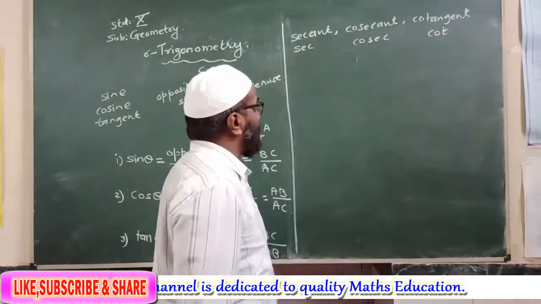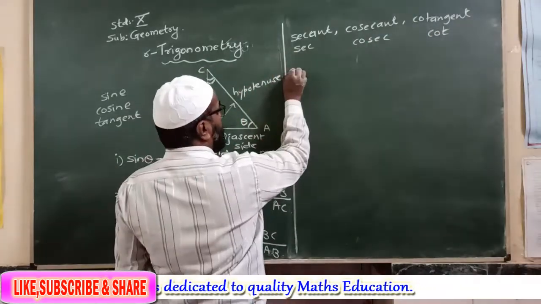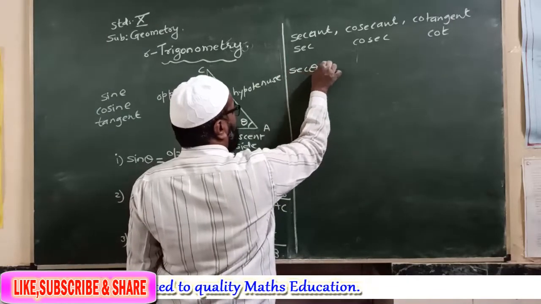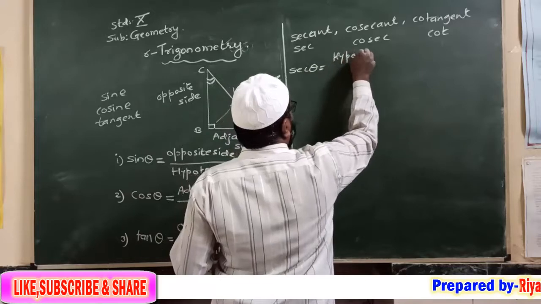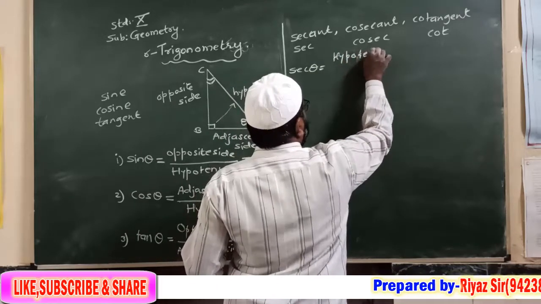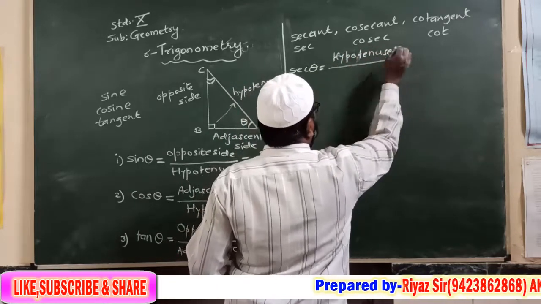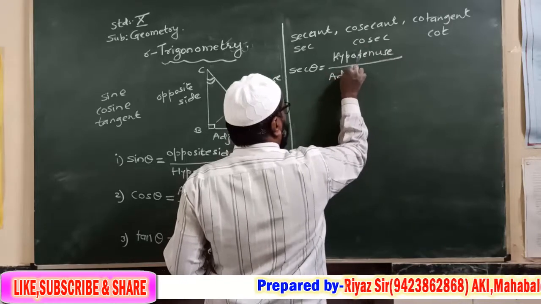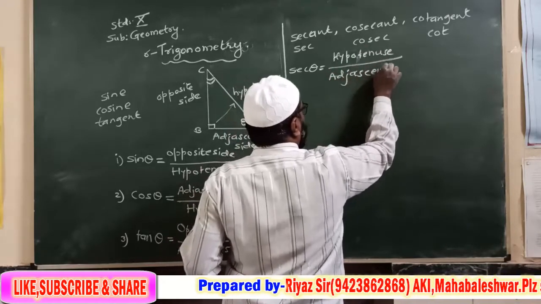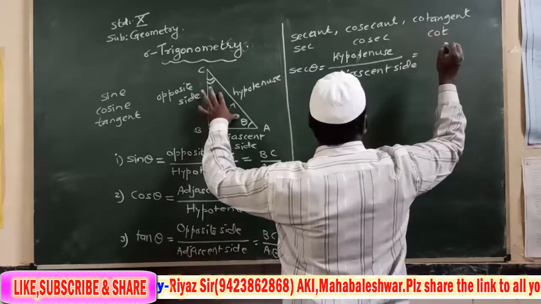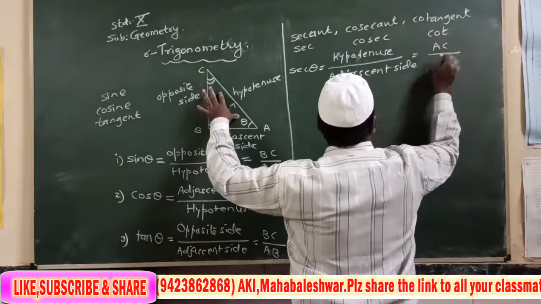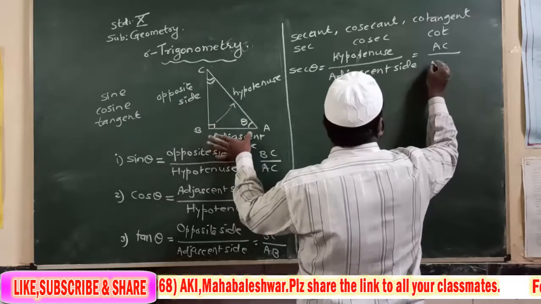First we define sec theta, which is equal to hypotenuse upon adjacent side, that is AC upon AB.